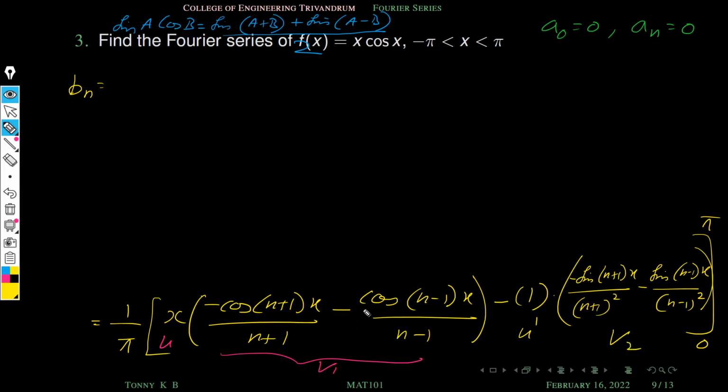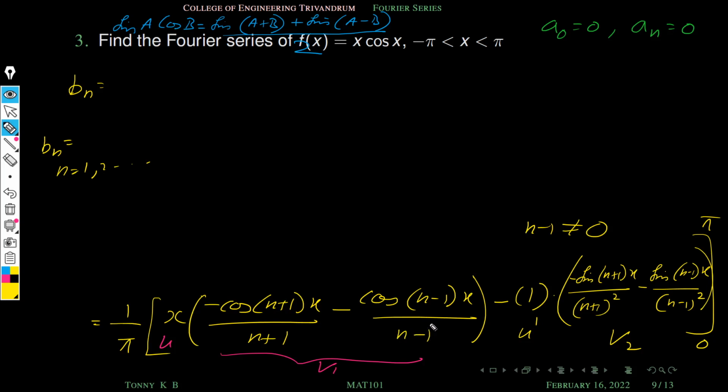And one more thing, this integration exists only when n minus 1 is not equal to 0, right? Because we know bn varies from n equal to 1 onwards, and when n equal to 1 this term becomes 0.